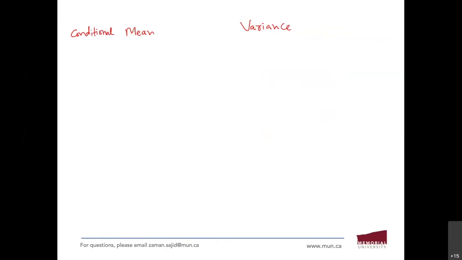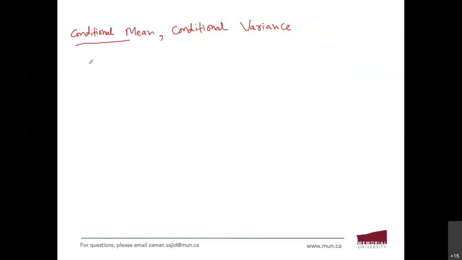Conditional mean. And this variance in case of the conditional probability distribution is called the conditional variance. Conditional variance.